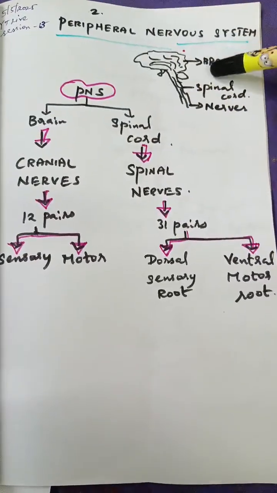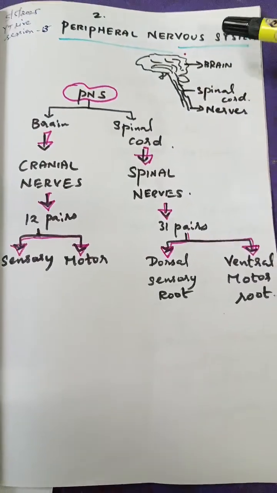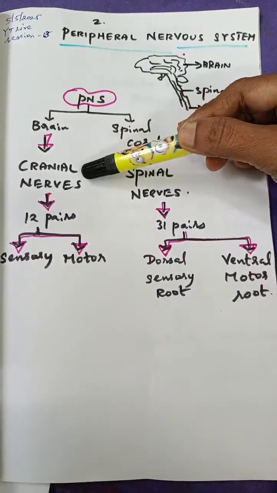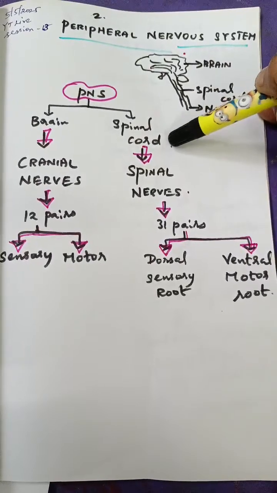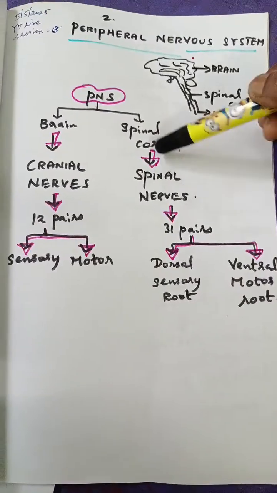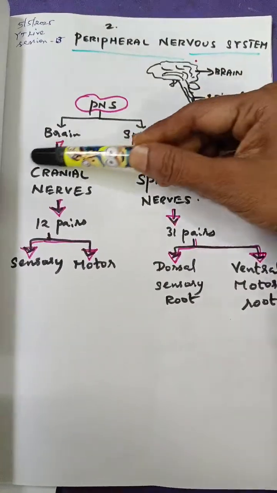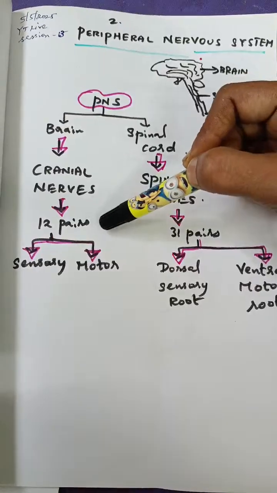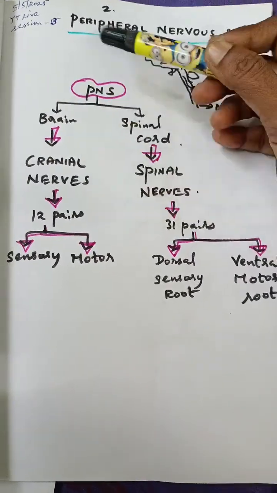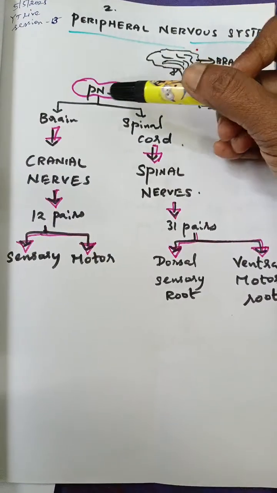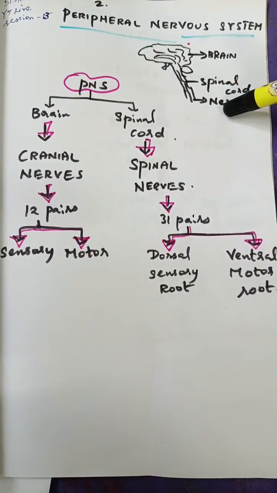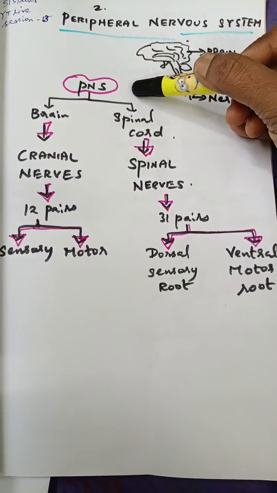The nerves which are from the brain are known as the cranial nerves, and the nerves which are from the spinal cord are known as the spinal nerves. These cranial nerves are of 12 pairs. So your peripheral nervous system is nothing but the nerves coming from the brain and the spinal cord. They constitute the peripheral nervous system.